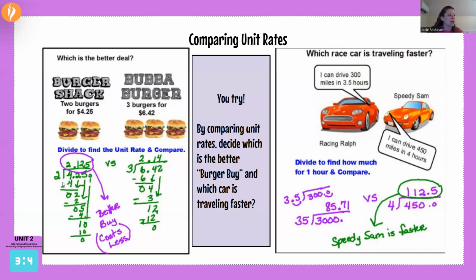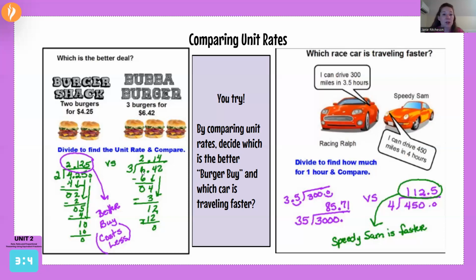So here we have $4.25 being divided by 2 burgers. So it's basically $2 and almost 13 cents per burger, so 2.125.